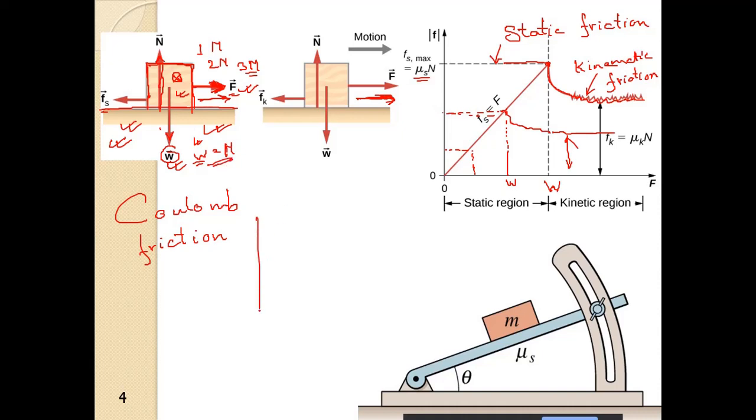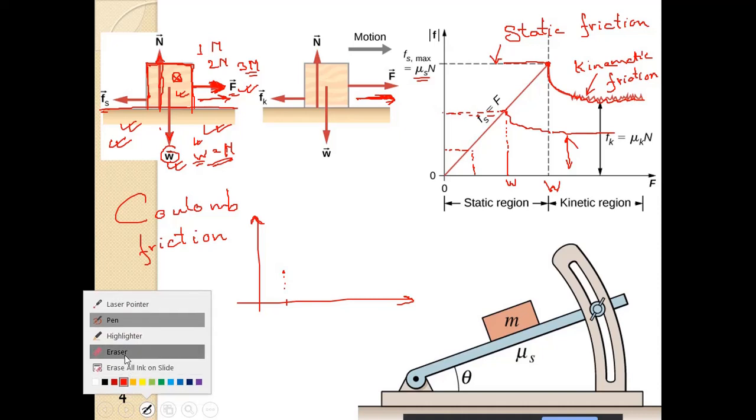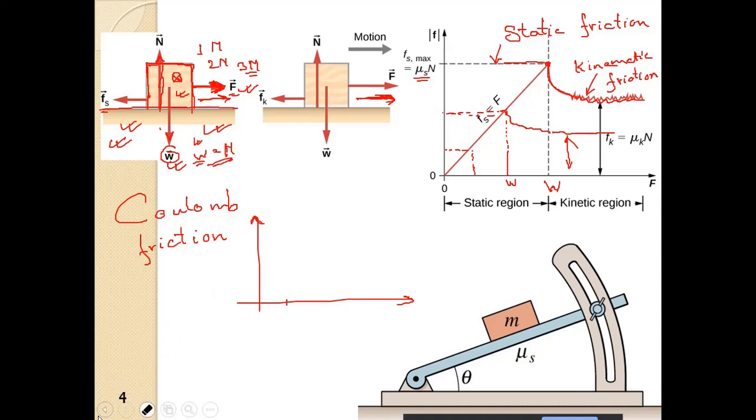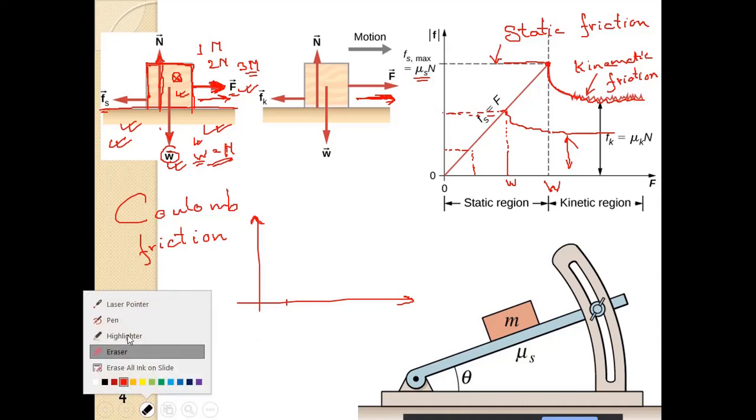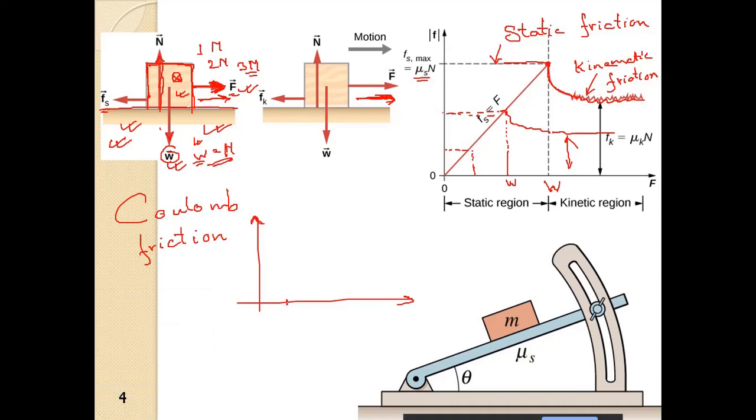Now alternatively, suppose we have a weight W. So initially we have a weight W, and this is the normal force.